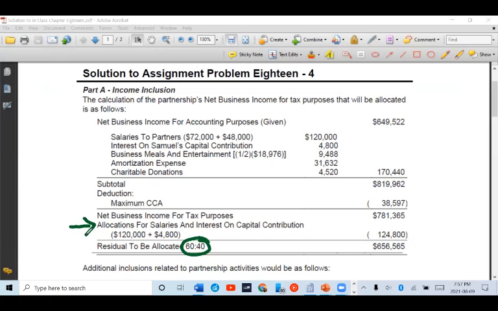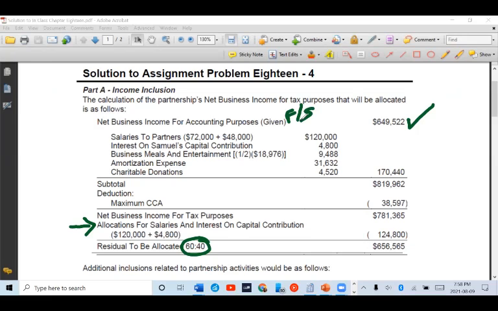So this reconciliation here might look a little bit weird because we're doing a little bit of this adding and then subtracting. So we're starting with our net business income, which is given in the question. It says that the net business income on the financial statements, right? So this is per your financial statements.